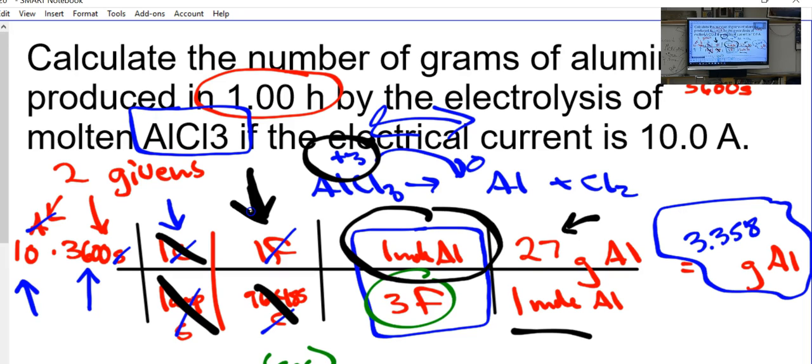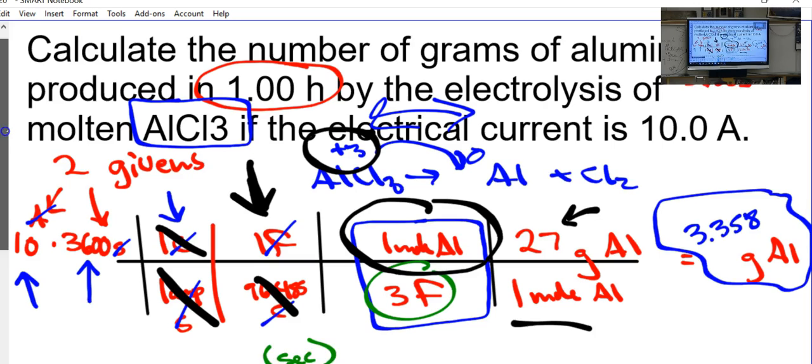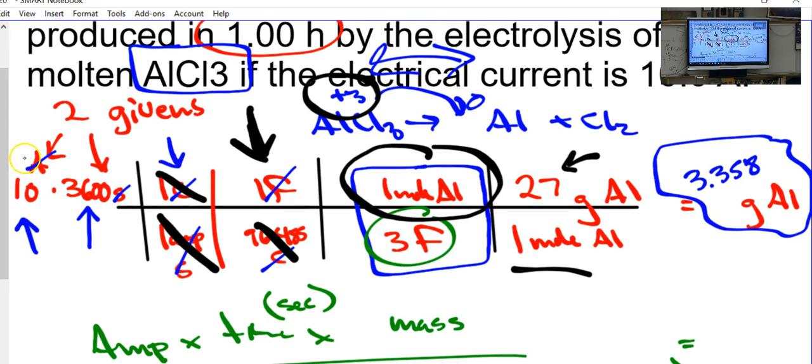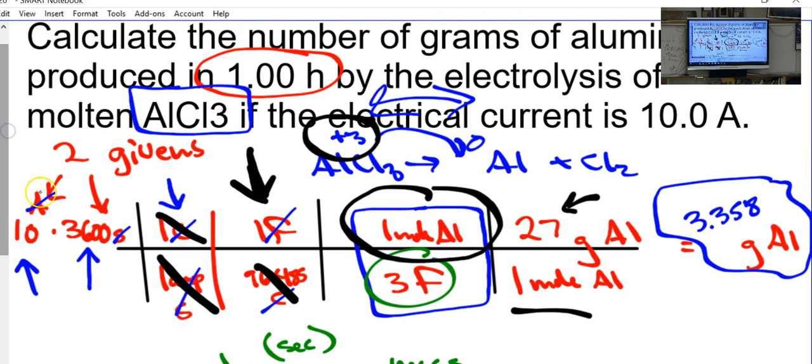Now, I like to simplify things, and you should also. In a problem like this, you typically take your 2 givens and multiply them and divide by the number of electrons, and then multiply by the molar mass. There are a lot of steps, but that's ultimately what you did.